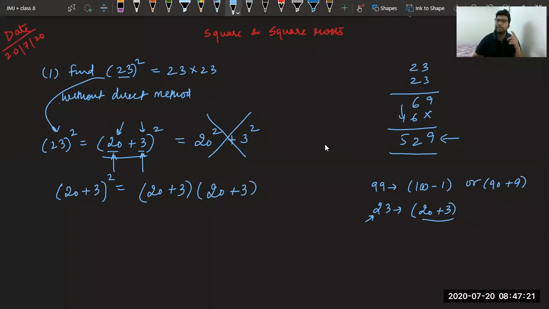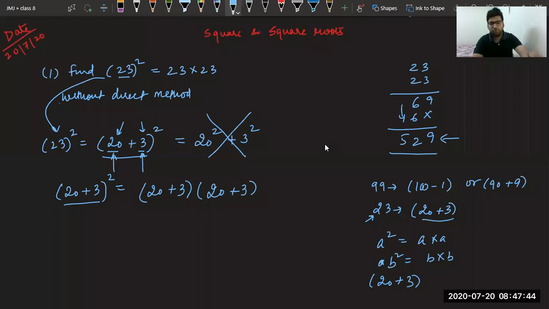We say a square means a into a. Similarly, b square means b into b. If I write 20 plus 3 whole square, that means 20 plus 3 into 20 plus 3.